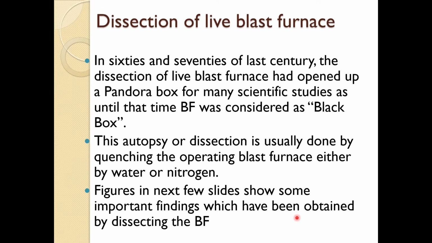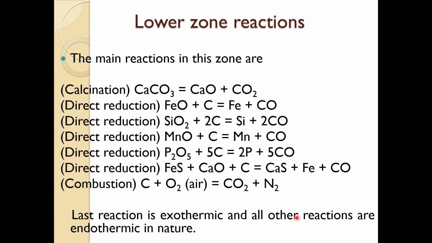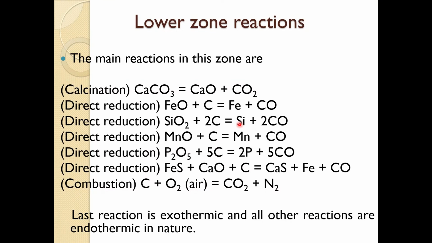So these are the main important reactions taking place, and one has to be very careful, especially with the silicon pickup reaction, which is a very important reaction in the blast furnace. Mostly you need less silicon in the hot metal, otherwise it leads to desiliconization, another operation after the metal is tapped.